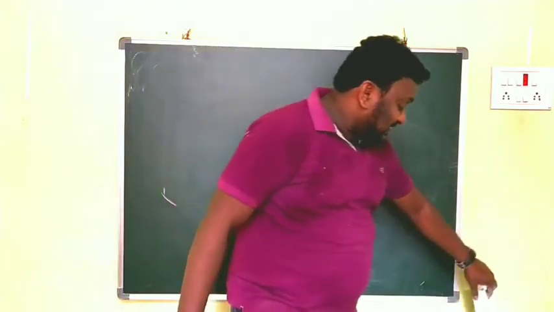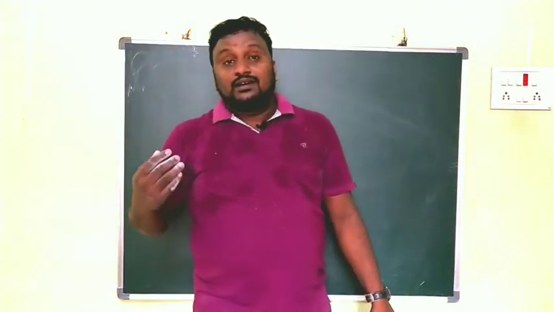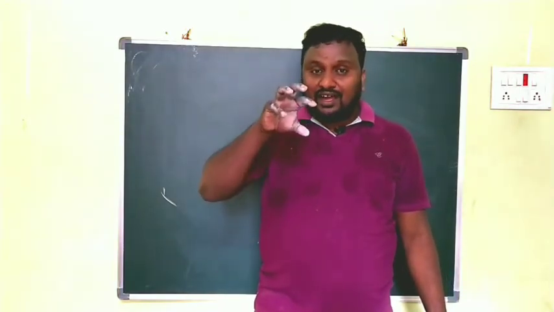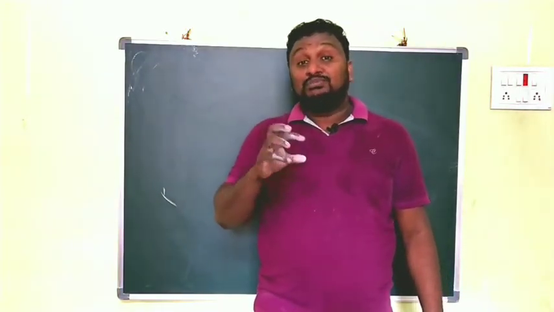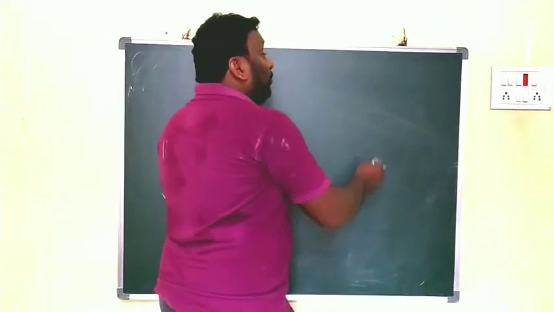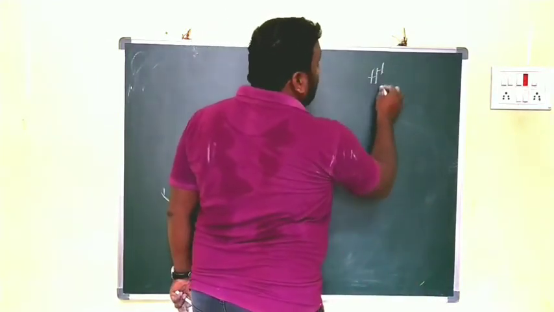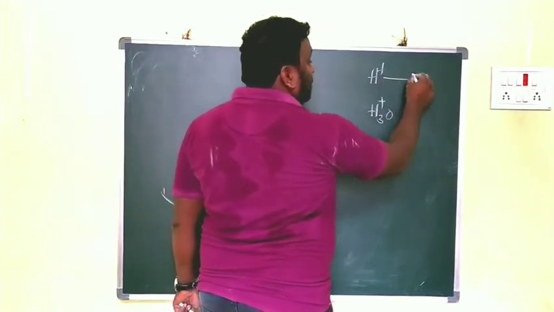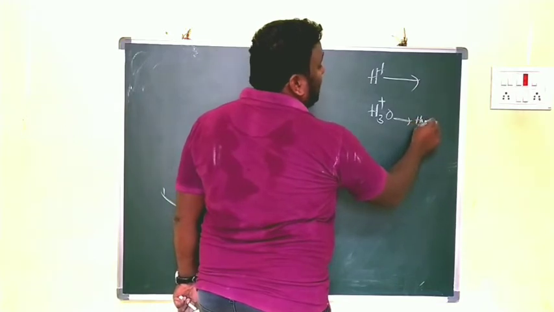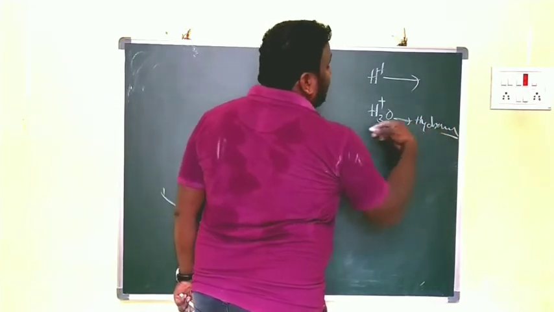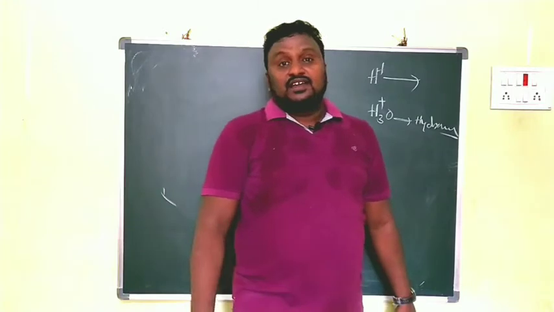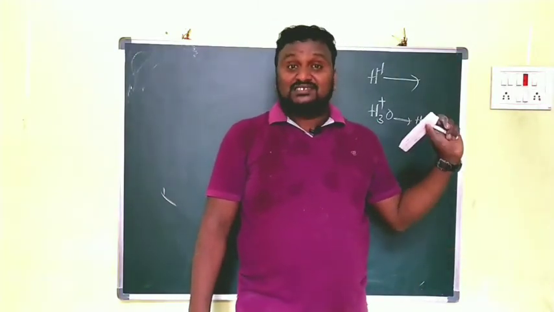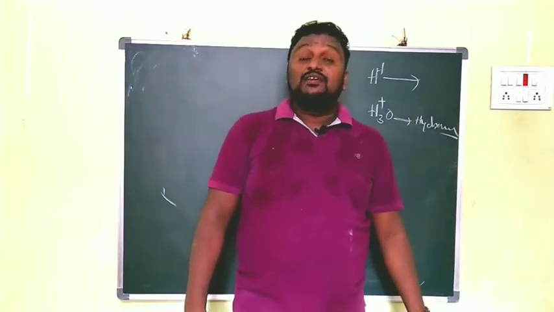So in the previous example, the bulb in the HCl solution glows with very high intensity, because it has more H plus ions, or more H3O plus ions. So hydrogen ions, and now hydronium ions. Compared to the acetic acid solution, HCl has more H3O plus ions. That's why the bulb glows very brightly.